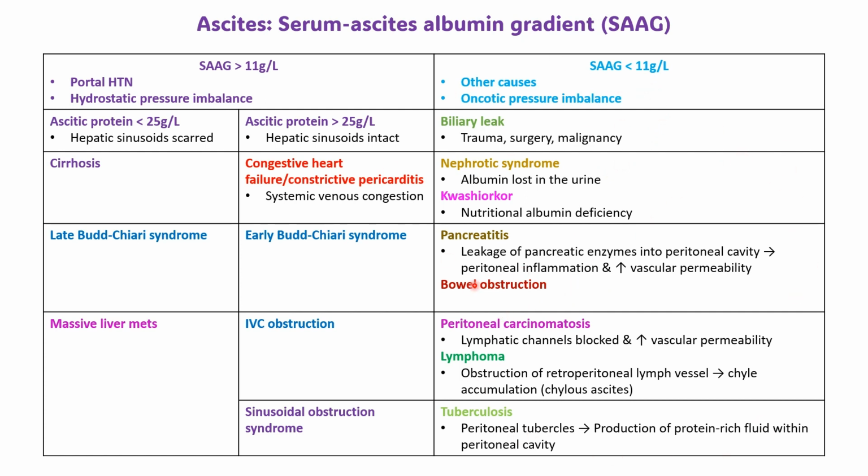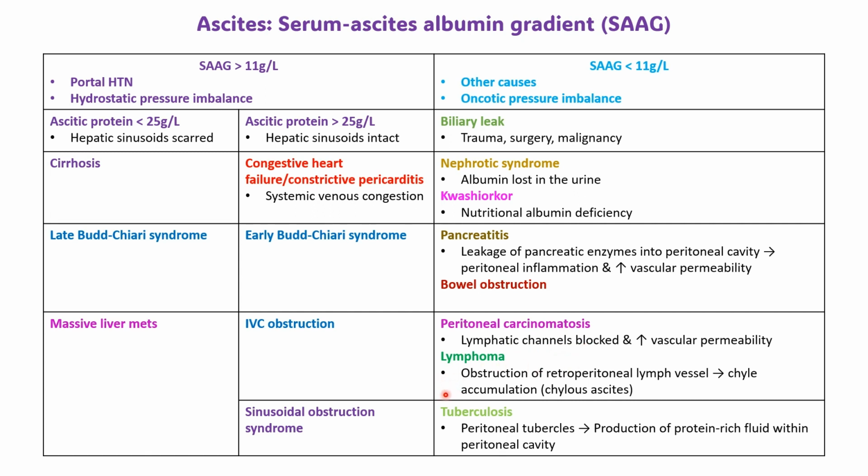And we have bowel obstruction, peritoneal carcinomatosis. So that's where lymphatic channels are blocked and there's increased vascular permeability. Peritoneal carcinomatosis typically results from a primary cancer where you have metastases within the peritoneum causing the problem.